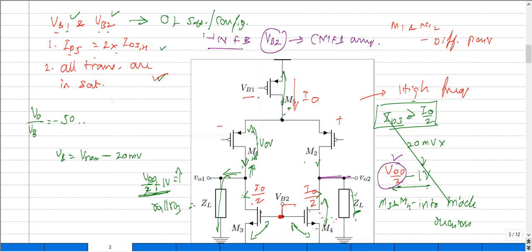In this, the common mode term signifies that the amplifier has to work only on the common mode signal. So I'm trying to emphasize this particular word here. What I really mean is, I need to work only on this common mode signal when I try to create a kind of negative feedback to tune my VB2 to the required common mode output voltage here.